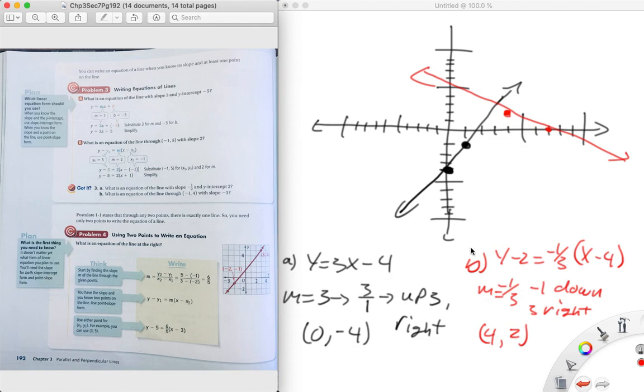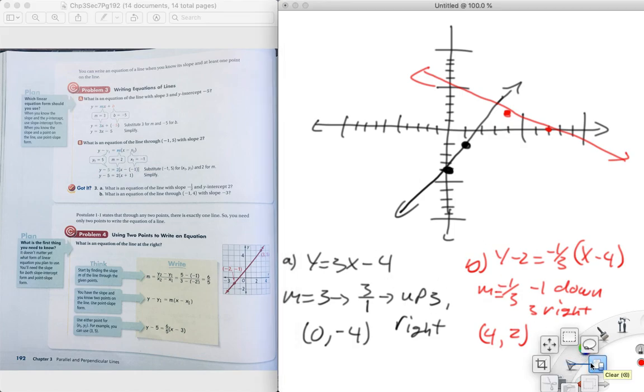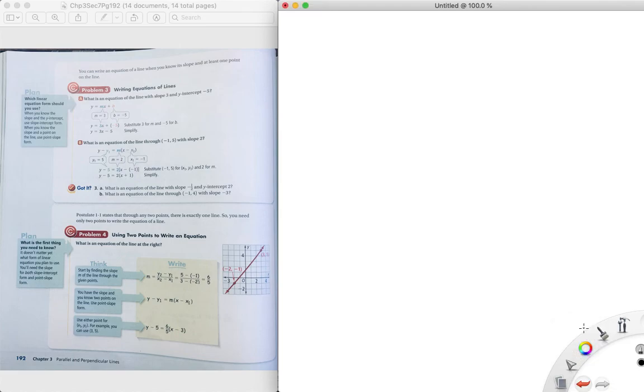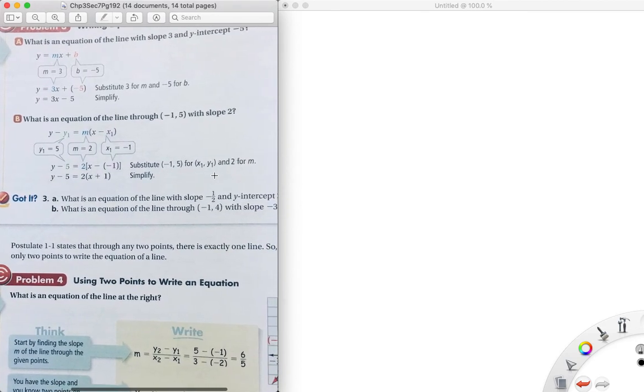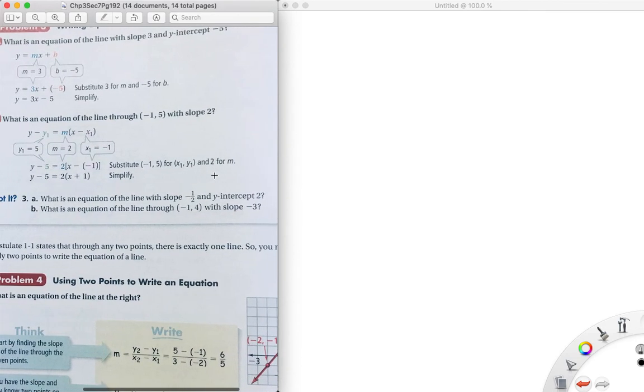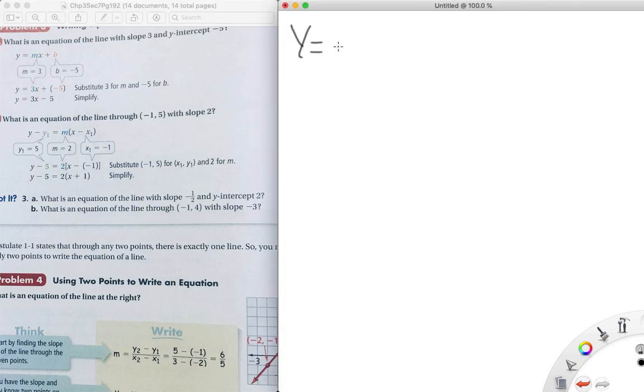Writing equations of lines. It says, what is the equation of a line with a slope of negative 1/2 and a y-intercept of 2? So remember, slope-intercept form is in the form of y equals mx plus b.